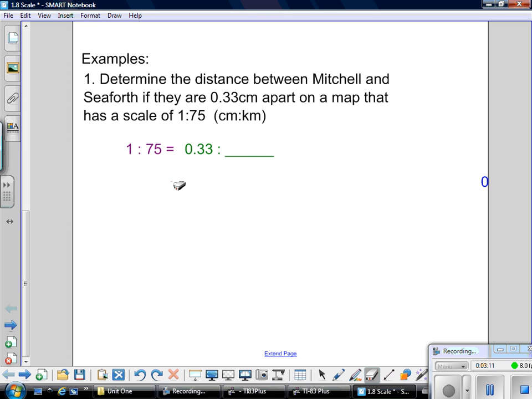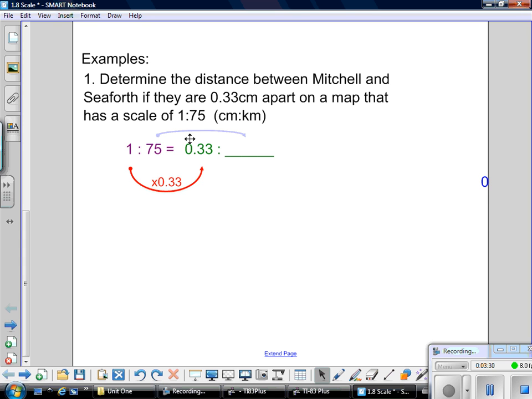If you notice, it's set up very similar to what we were looking at before. So we need to find the relationship between them. What is the relationship between 1 and 0.33? Obviously, we're multiplying 1 by 0.33 to get that.